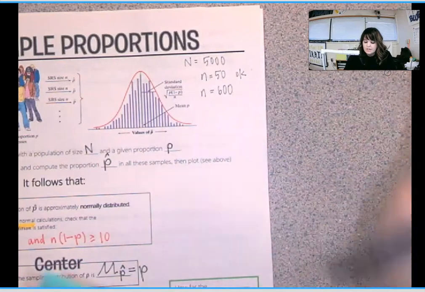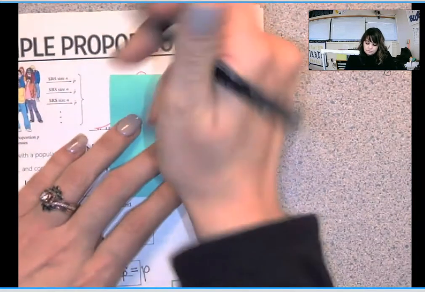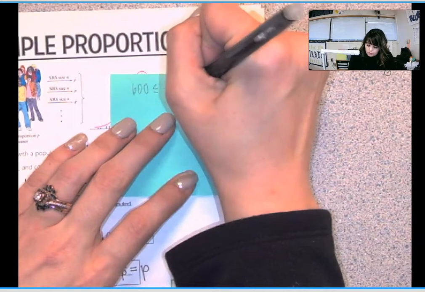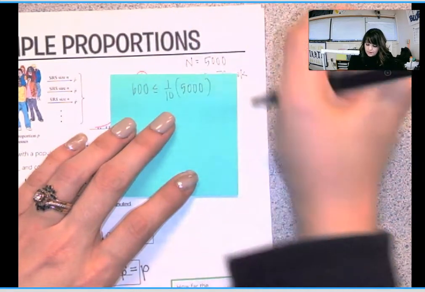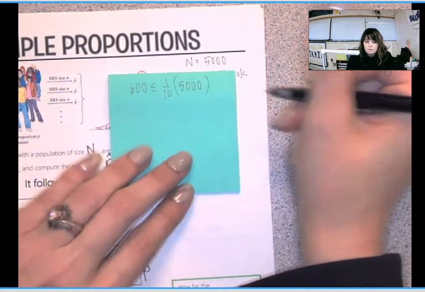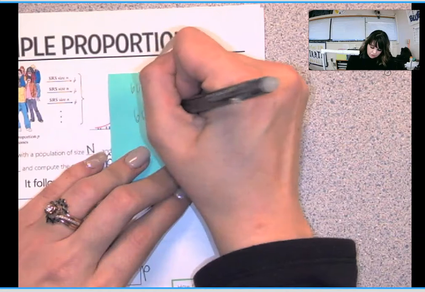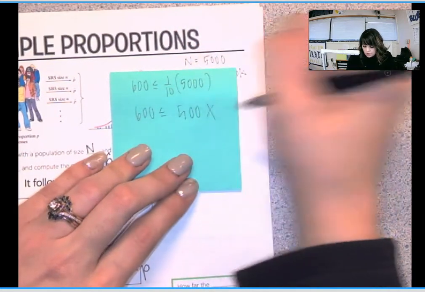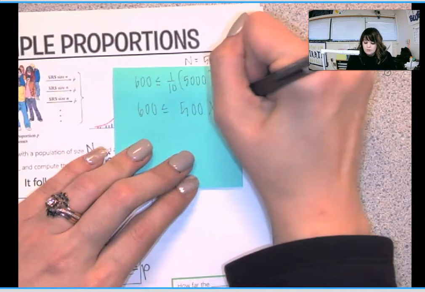Now, let's check 600. So either way, we could say, is 600 less than or equal to 1/10 of 5,000? Well, 600, is that less than or equal to 500? No. Not okay.